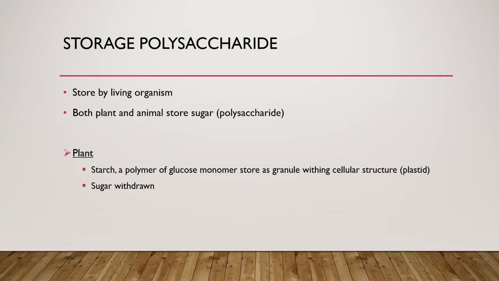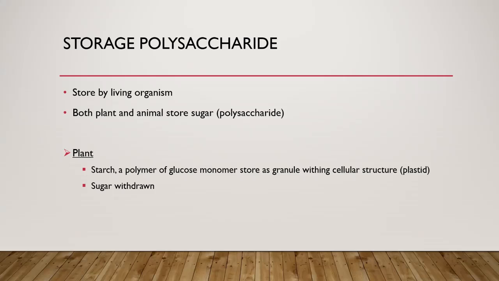A storage polysaccharide involves the process of storing polysaccharide in the human body or in the animal body. All living things store sugar in the form of polysaccharide. Both plants and animals store sugar as polysaccharide.